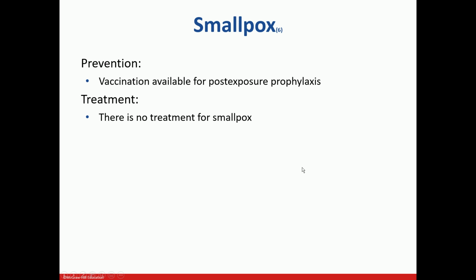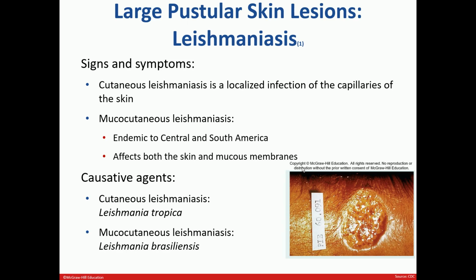Okay, the next skin disease we are going to talk about is leishmaniasis, specifically cutaneous leishmaniasis. This is an infection of the skin, and we also call it mucocutaneous leishmaniasis, as it affects the skin and the mucous membranes.